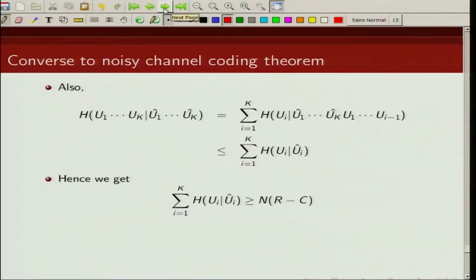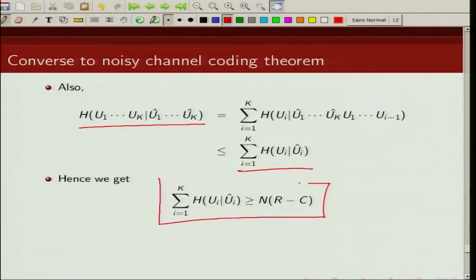So we have shown that this particular term is greater than or equal to n times (R minus C), and combining these two results, we get that the sum over all i from 1 to k of H of ui given ui hat is greater than or equal to n times (R minus C).